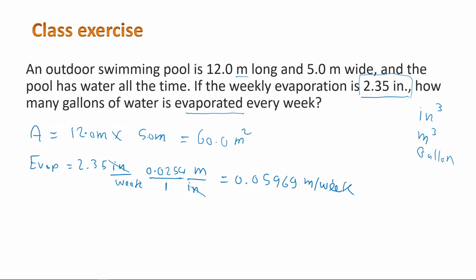Okay, good. So now I have the area, and this is the evaporation rate.